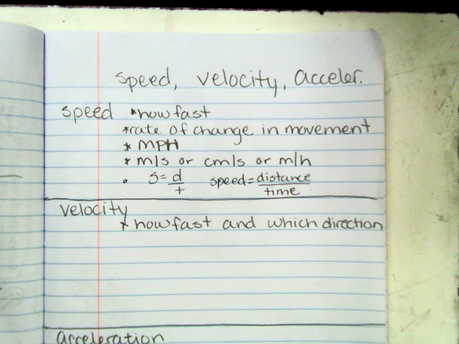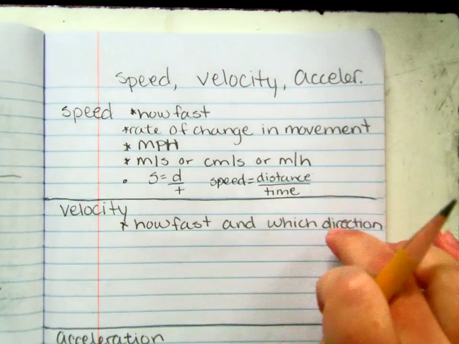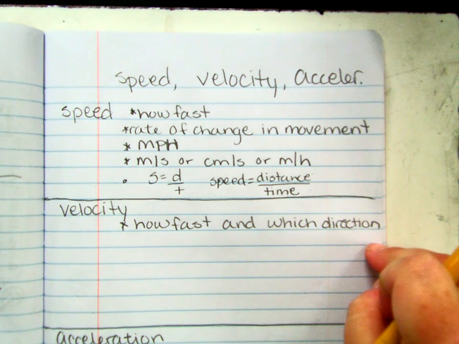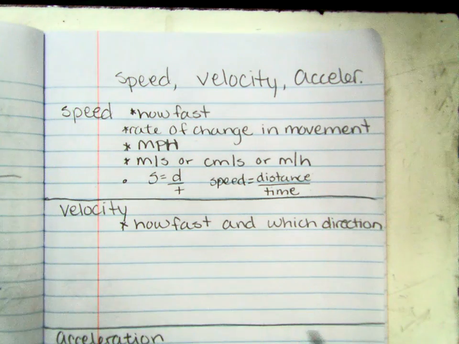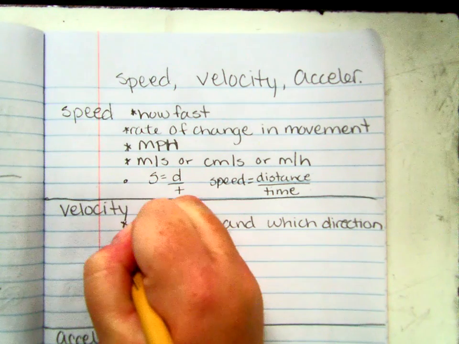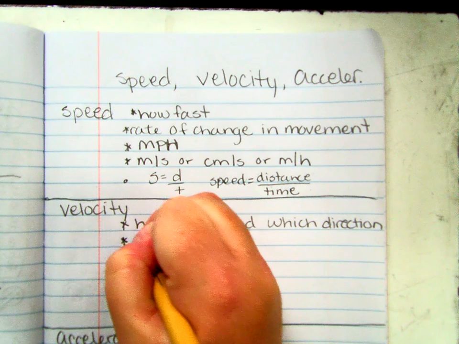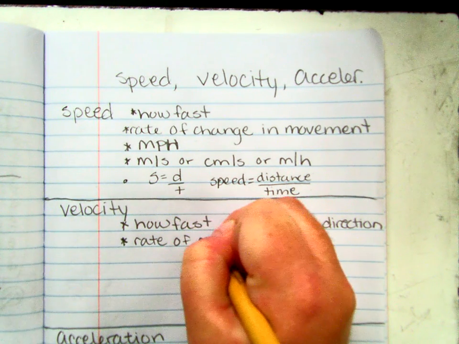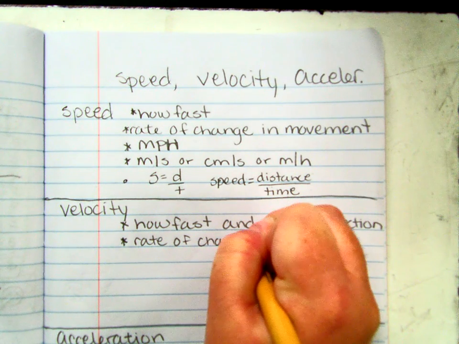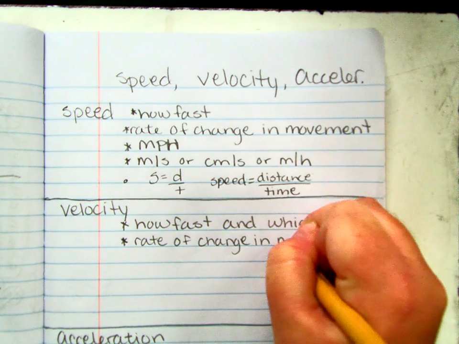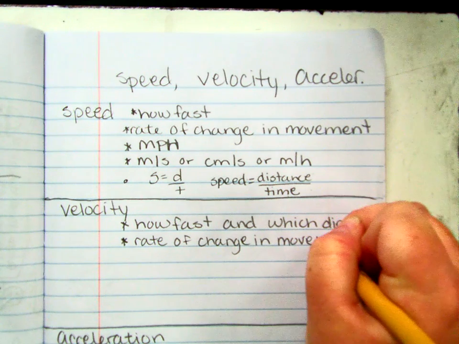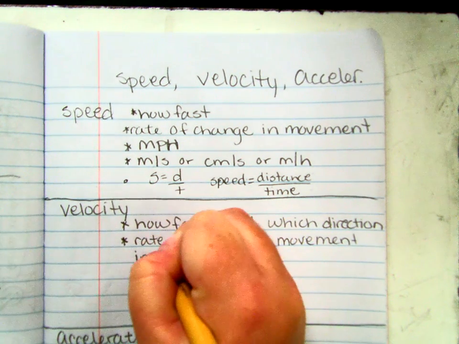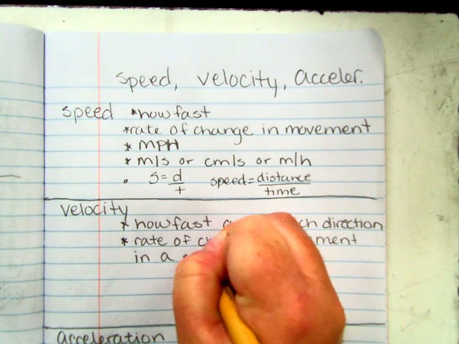So all velocity is doing is adding the object's motion. Where is it going? All right? So the technical definition is the rate of change of movement, and then we're going to add in a specific direction.